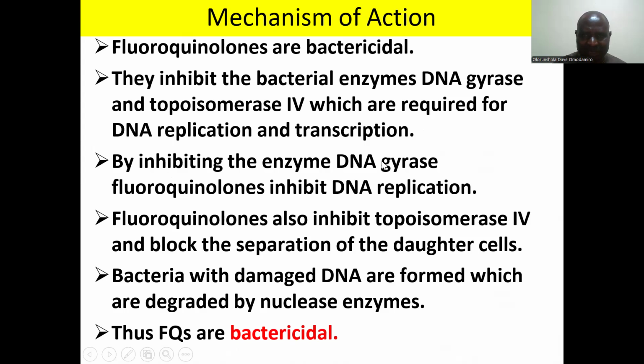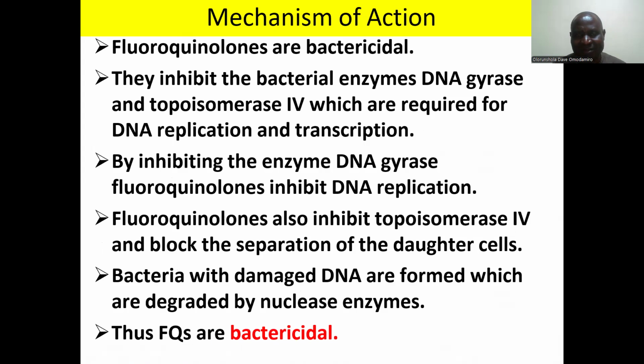So by inhibiting this enzyme, quinolone inhibits DNA replication. Fluoroquinolone also inhibits topoisomerase 4 and blocks the separation of the daughter cells. And then bacteria with damaged DNA are formed, which are degraded by nuclease enzyme. Thus, fluoroquinolones are bactericidal.